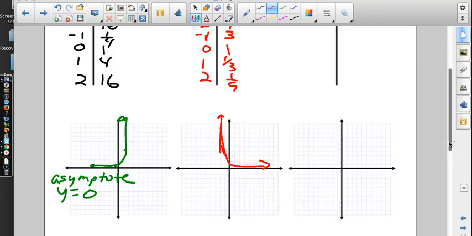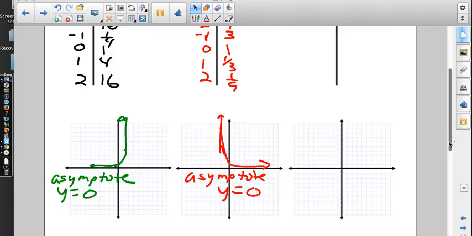So it's still going through 0, whatever we have for our base value. Did the asymptote change? No, still the same. Still y equals 0, but definitely decay. Started high and went low.